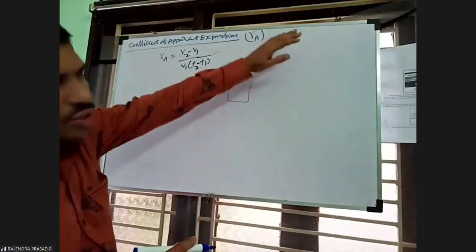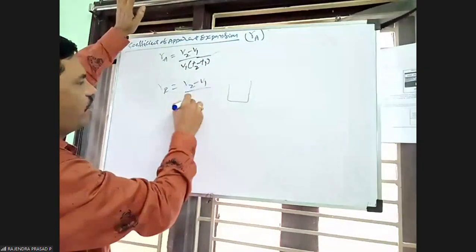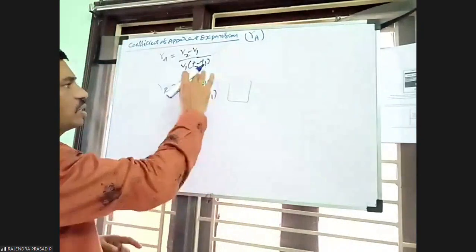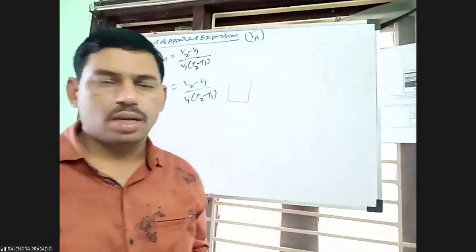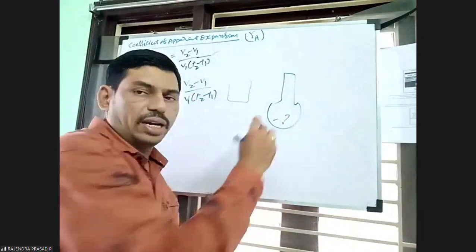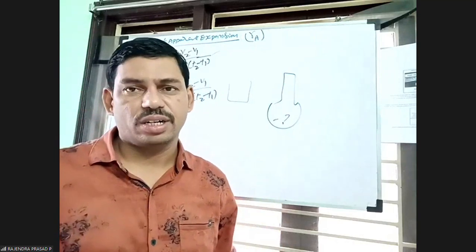Real expansion: same, also gamma R equals the same formula, V2 minus V1 by V1 into T2 minus T1. For example, this is the liquid, taken in a container. It is heated. The liquid also expands; this is called real expansion.